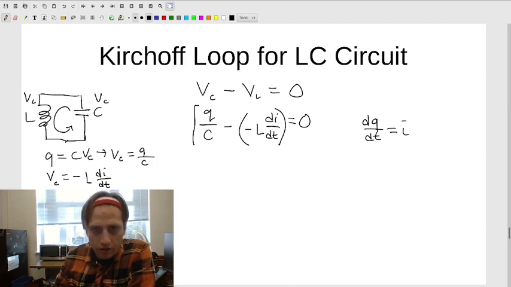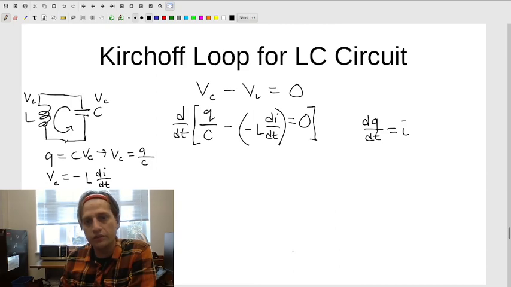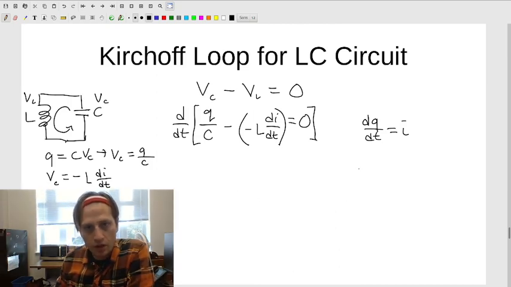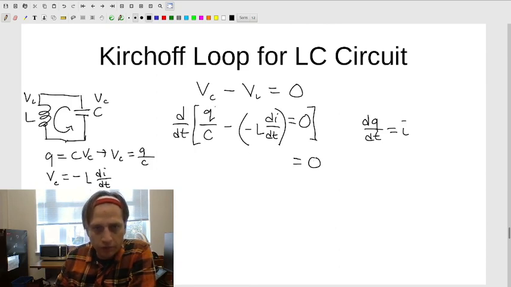So to get everything in terms of current, let's go ahead and take the time derivative of both sides of our equation. The time derivative of 0 is just 0. The time derivative of Q is I. So I'm going to have I over C. And then a minus and minus is a plus. And this is going to be L. And then I take the time derivative of di dt, which is the second time derivative of current.